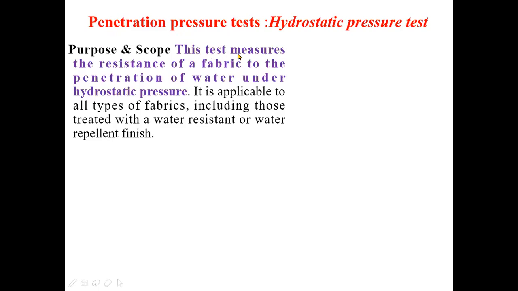This test measures the resistance of the fabric to penetration of water under a certain hydrostatic pressure. It is applicable to all types of fabrics, including those treated to be water resistant or water repellent. That means what we have to measure here is the pressure under which the water will penetrate.